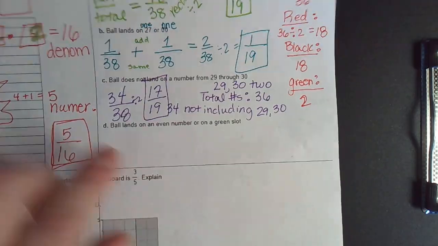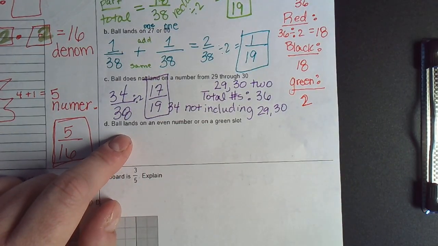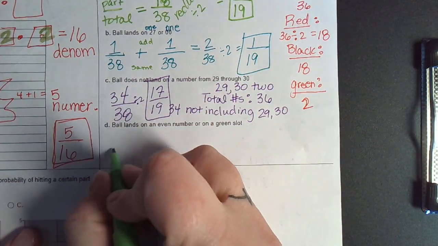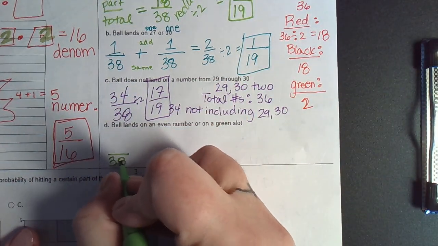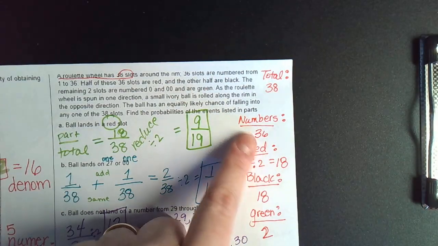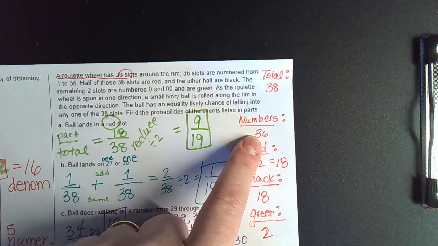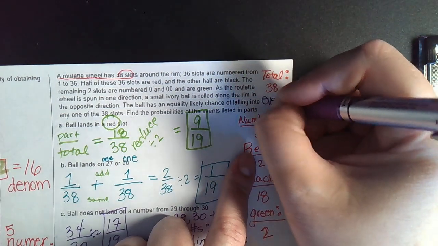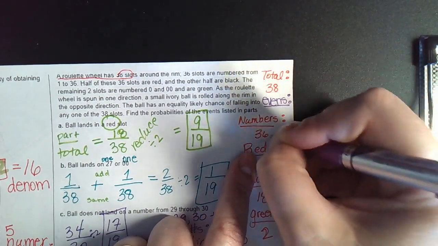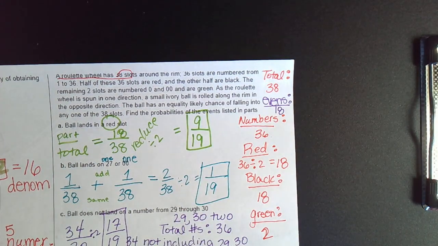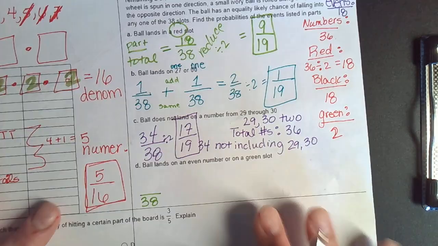Okay, again, it says the ball lands on an even number or on a green slot. Well, the bottom is our total, 38. And how many of our numbers are even? Well, we have 36 numbers, and half of those are even. So what's half of 36? 18. Because numbers are either even or odd.